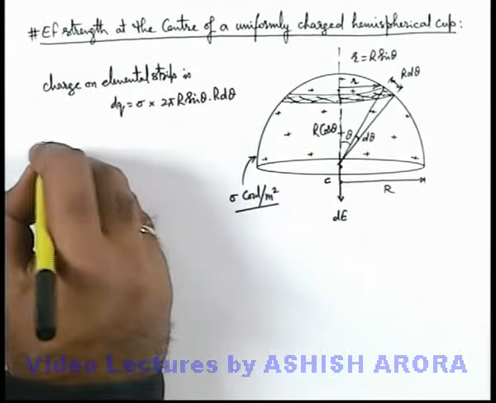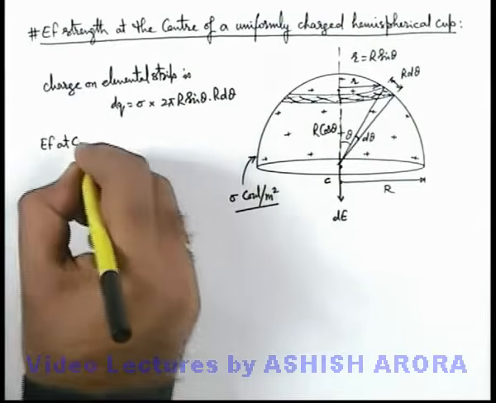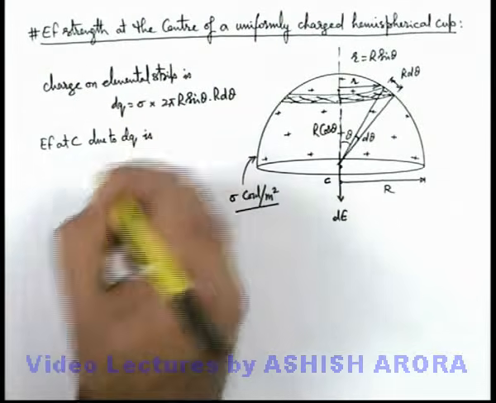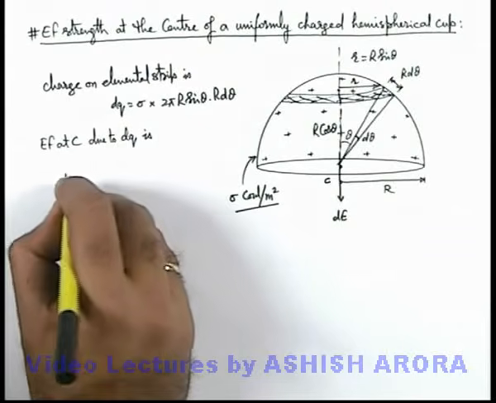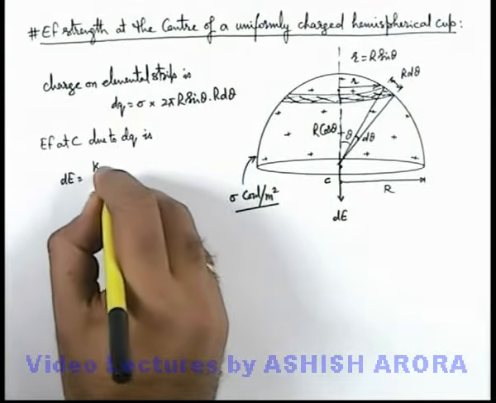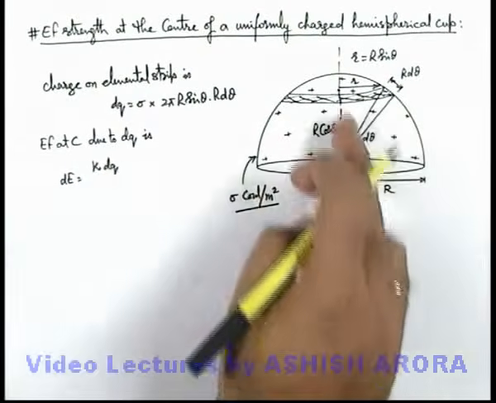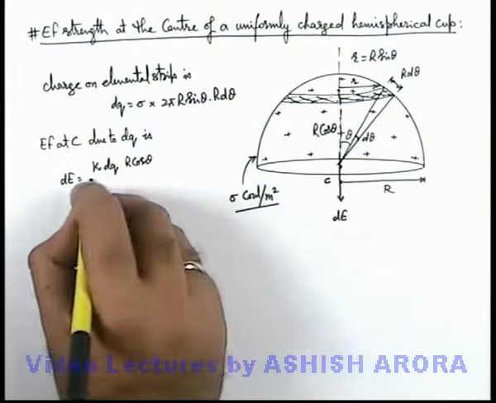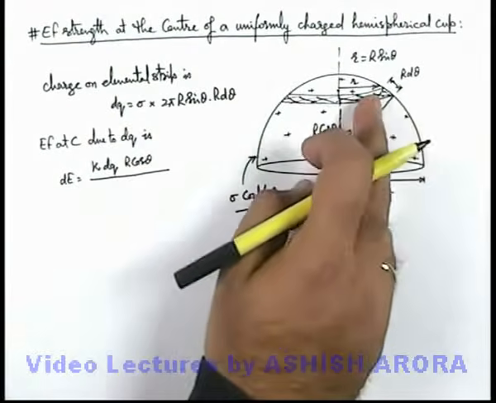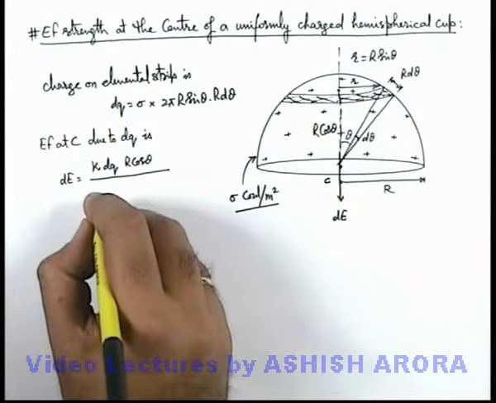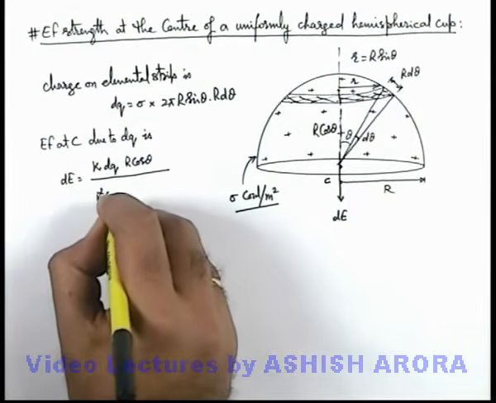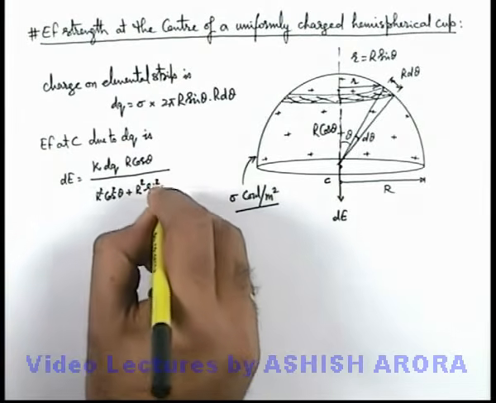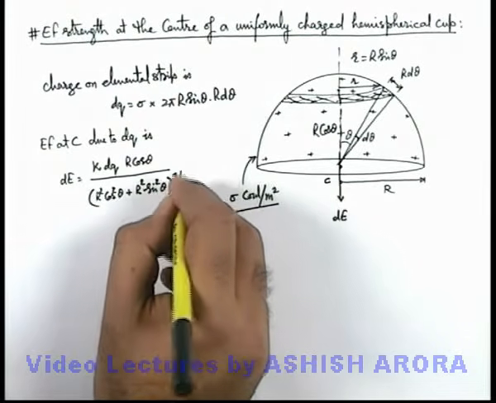So we can write electric field at C due to dq is dE, which can be given by k dq x, that is the distance we can use as r cos theta, divided by x square plus r square to power 3 by 2. So this will be r square cos square theta plus r square sin square theta to power 3 by 2.